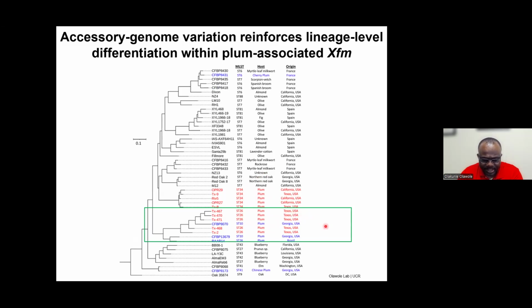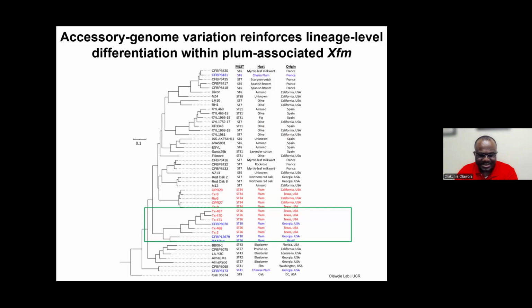trees. The Texas ST26 isolates also clustered with the plum-associated ST10 isolates from Georgia, and also an ST26 isolate from Brazil, which indicates a shared ancestry gene repertoire.